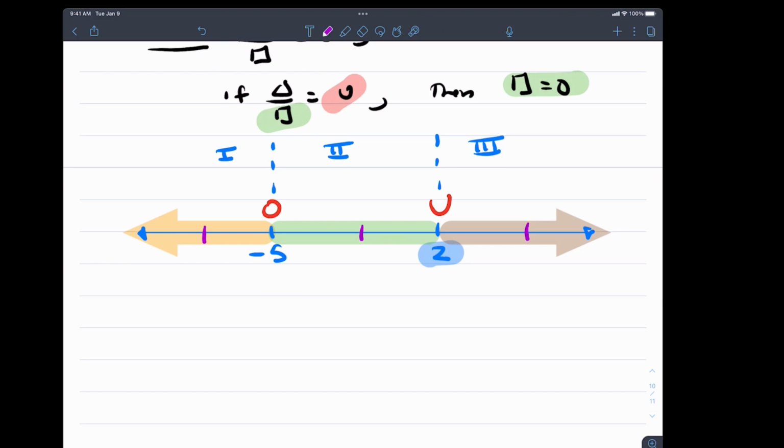Do you guys know? Say -8. Okay. What would you use as a test point for region 2? Anything between -5 and 2. Good. Use the 0. What's bigger than 2? 3. Okay. These are all your test points.